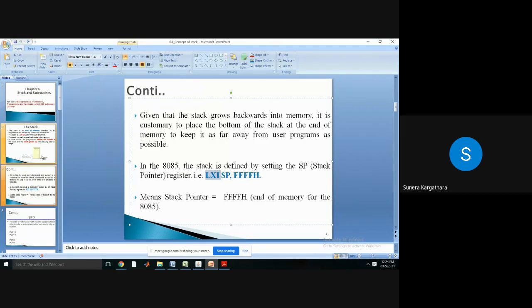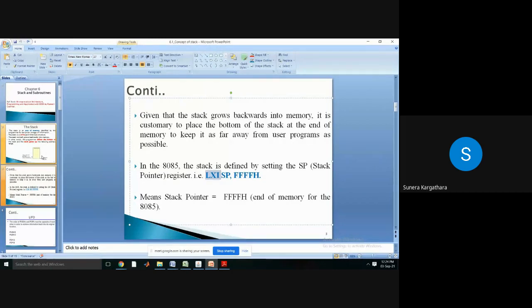And whenever you need the data which you temporarily stored onto your stack, you want to retrieve it, you can use the pop instruction. So pushing and popping are the two processes through which you can use your stack, temporarily store your data, and preserve it.